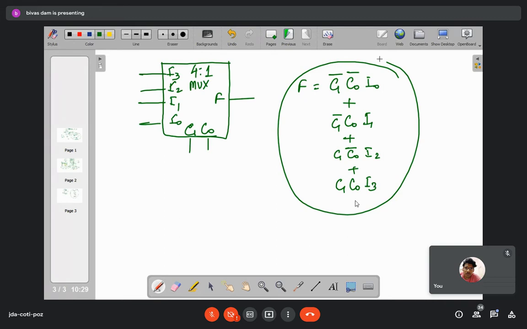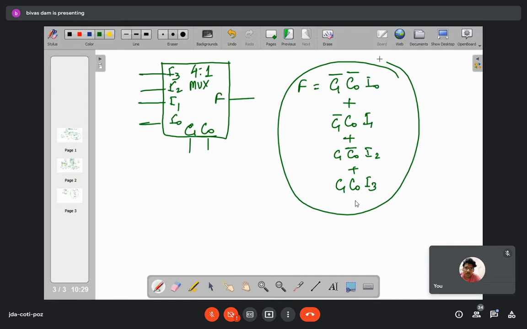In a 2:1 multiplexer, we can handle only 2 primary inputs. In a 4:1 multiplexer, 4 primary input lines are to be handled. So to distribute the 4 primary input lines, I should require at least 2 multiplexers.